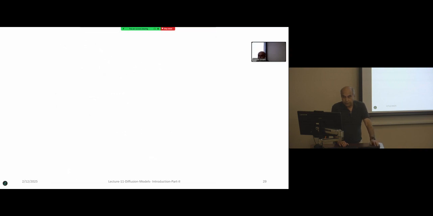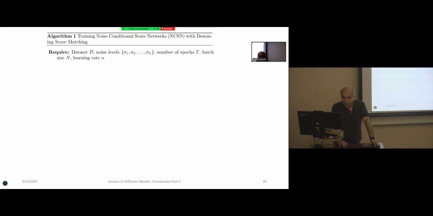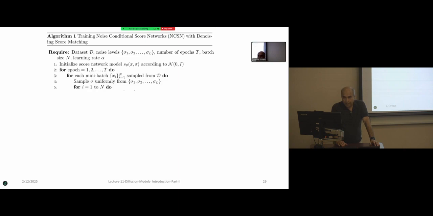If you go into a little more detail, we are given a data set. You can pick your data set, and we have noise levels from sigma 1 to sigma L, a learning rate and so on. We initialize S theta randomly, and then for each iteration we take a mini batch from the data, and we sample the noise.